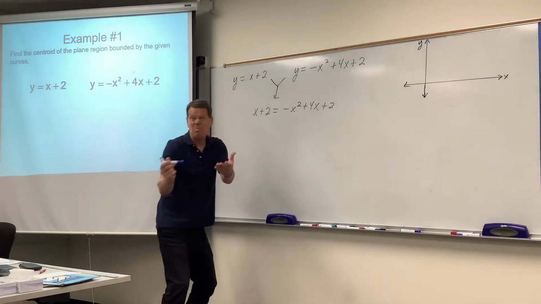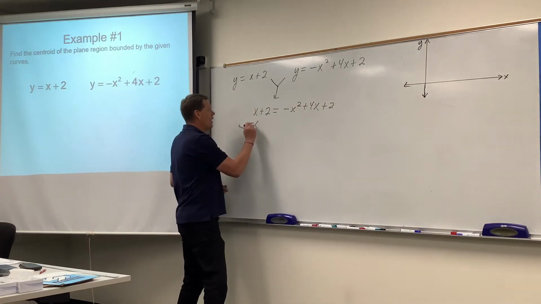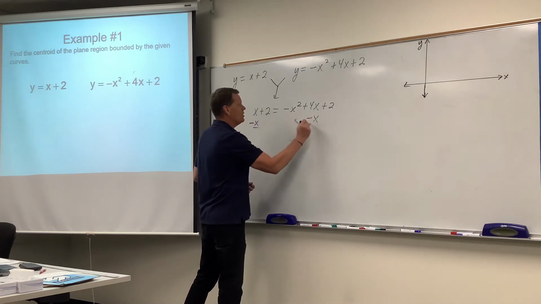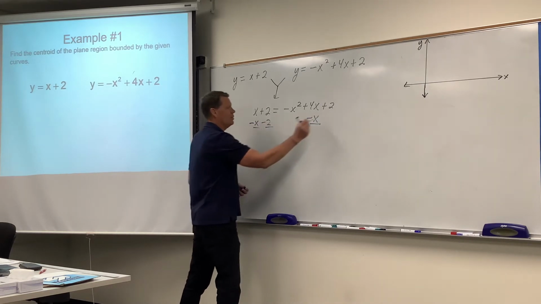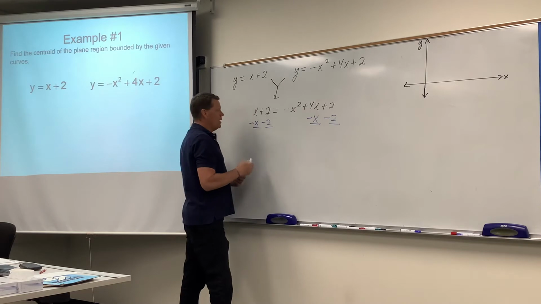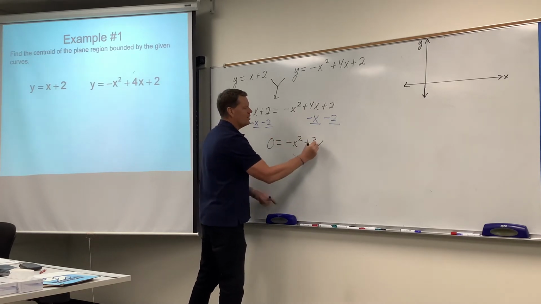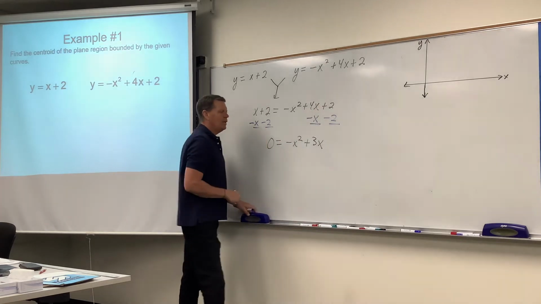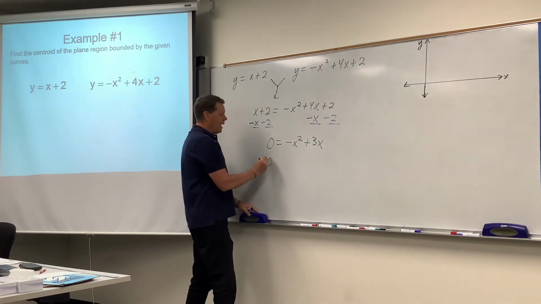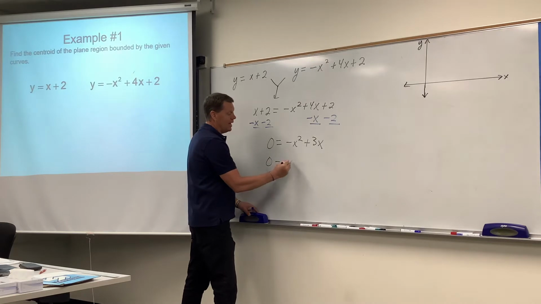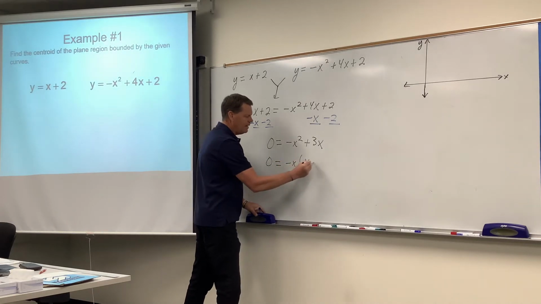This is just algebra, right? So I don't care how you go about doing it. How about we subtract over the x, we subtract over the 2, we get the equation 0 equals negative x squared plus 3x, 2 goes away. This is just algebra. I would factor out personally negative x, and that leaves x minus 3.